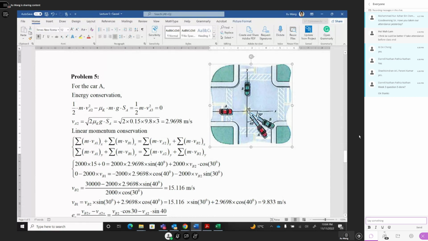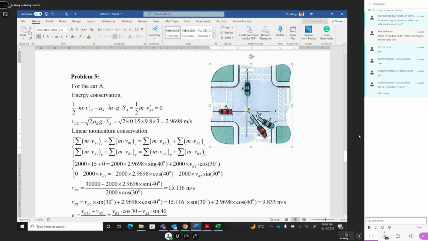After the crash, the friction force times the travel distance of 3 meters consumes the kinetic energy after impact. So after impact, your velocity is VA2, and the kinetic energy will be half of m VA2 squared.